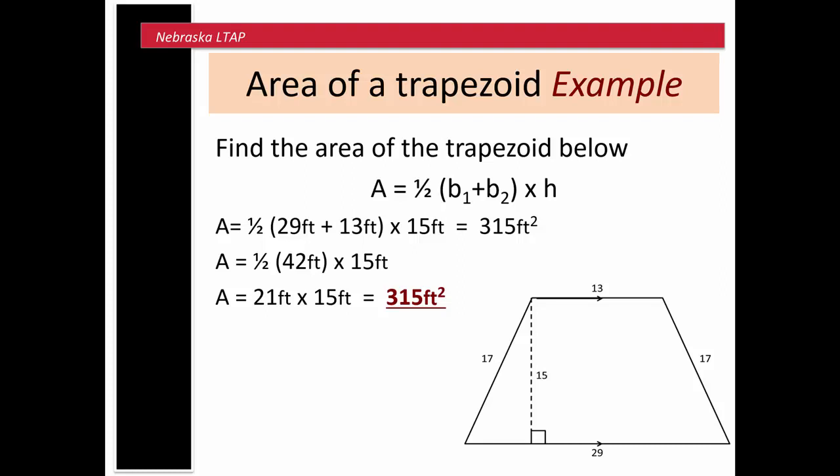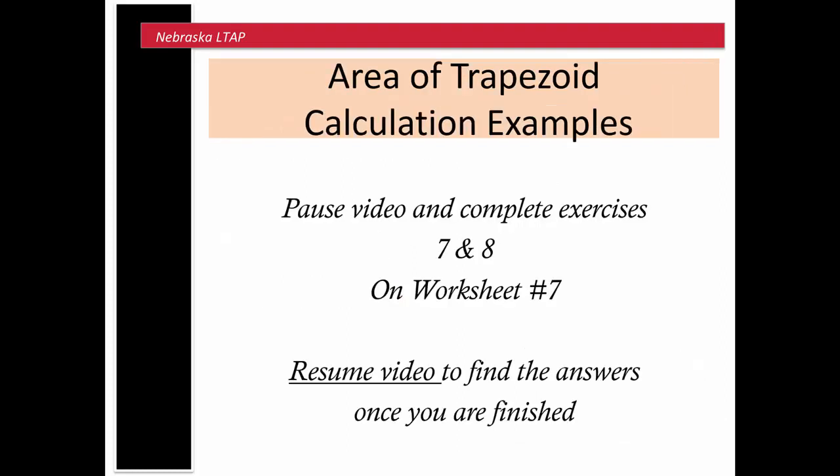So sometimes the challenge is not only finding the information you need to complete the calculation, but also ignoring or discarding the extraneous information that is not necessary. Okay, so pause the video again and complete exercises 7 and 8 on worksheet number 7 and resume the video once you are finished.